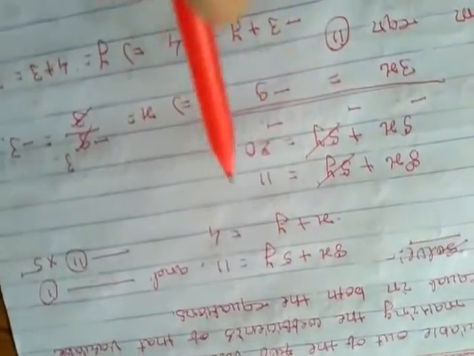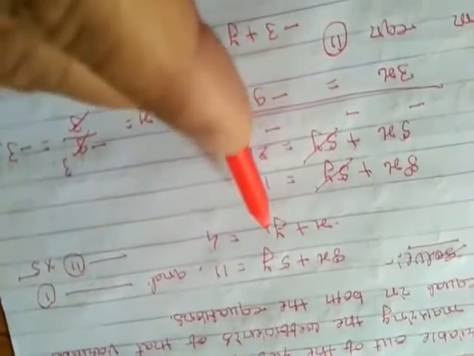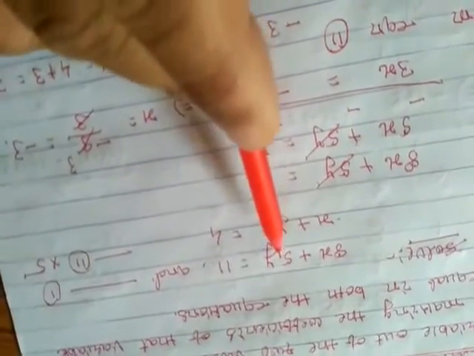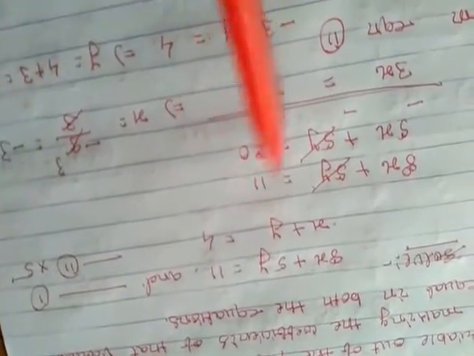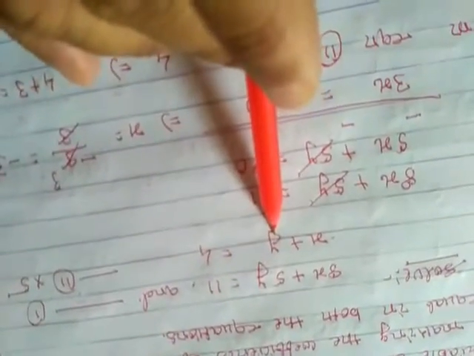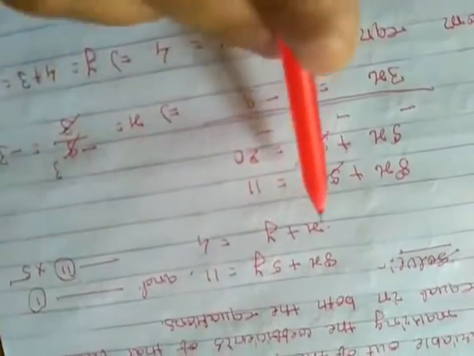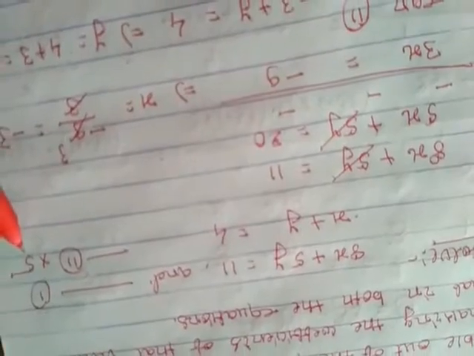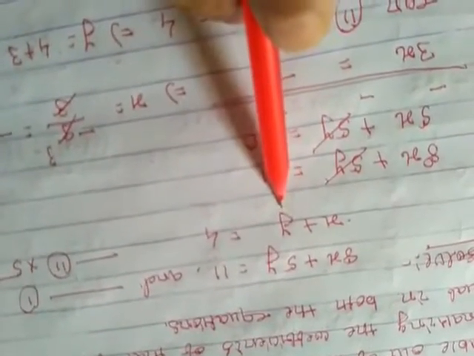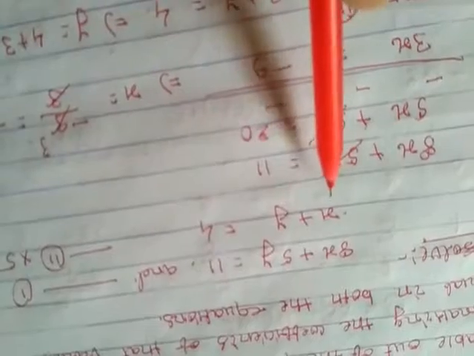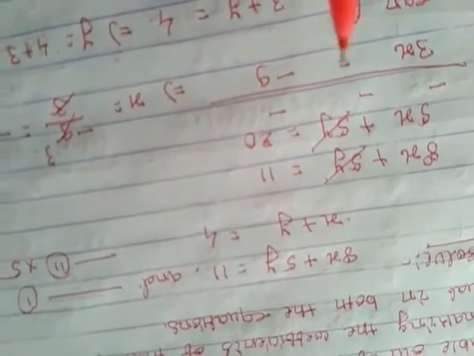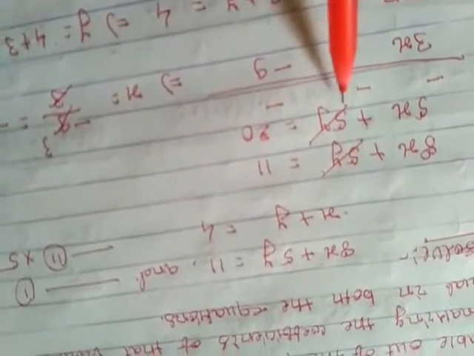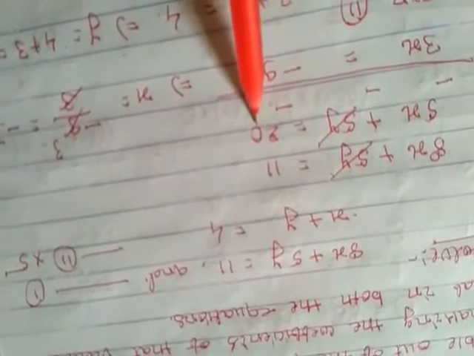So our first priority is to make any one variable have equal numerical coefficients. For that, we multiply equation 2 by 5 on both sides, on RHS as well as LHS. When we multiply equation number 2 by 5, our equation becomes 5x plus 5y equals 20.